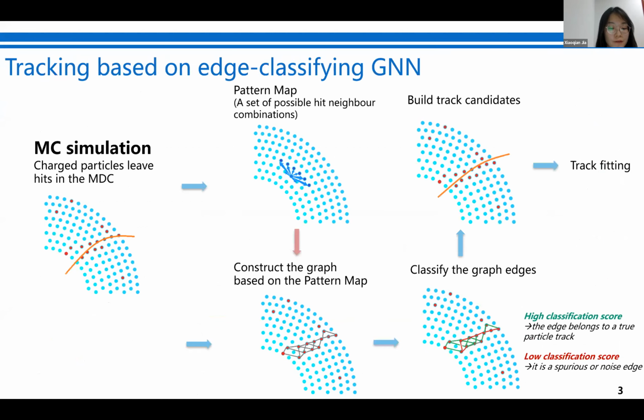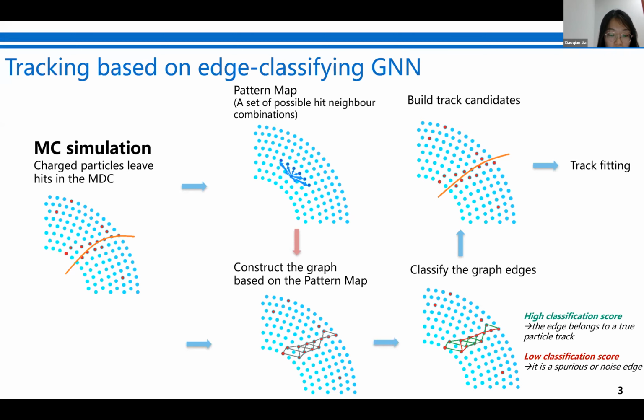This is a rough workflow of our track finding method based on GNN. We first studied the method of graph construction based on the hit pattern map, which is a set of all possible neighbor compositions built with Monte Carlo data, so we can know how to assign edges to the hits left by the detector.